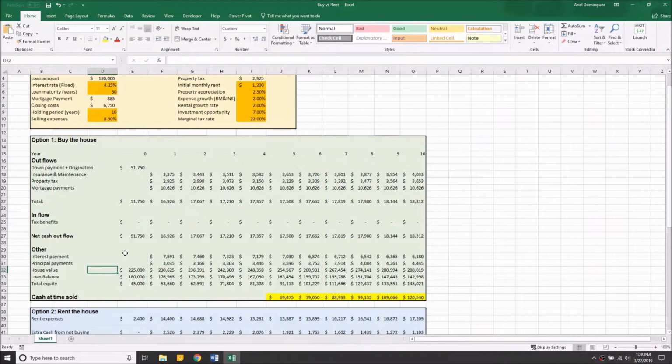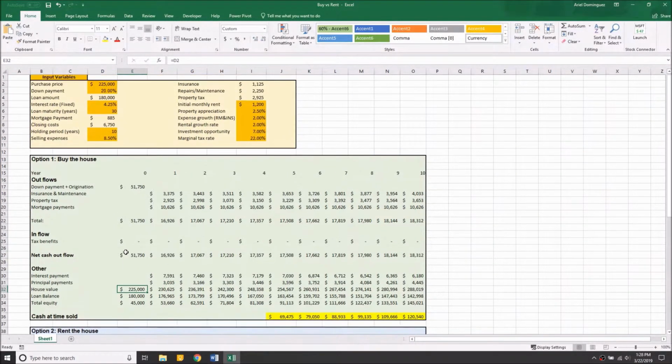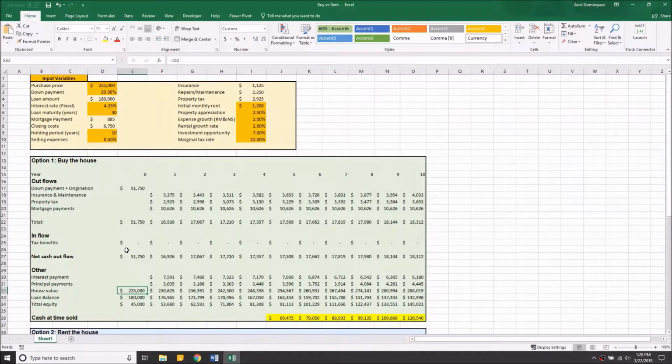Next, you have the house value. Now, at year 0, you buy the home, and assuming you buy it at a fair market price, you don't pay like a premium or a discount to the price, it's worth what you purchased it for. Now, this property is on average going to appreciate with inflation, and that's why we're taking the property and appreciating it by 2.5%, which is the property appreciation rate that we chose.